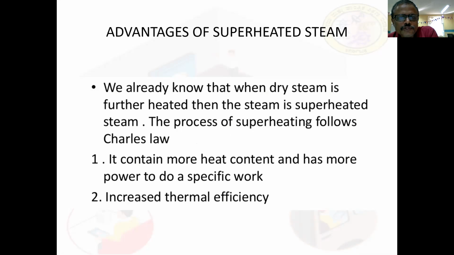The process of superheating follows Charles law because the pressure is kept constant. Charles law states that when pressure is kept constant, as temperature increases, volume also increases. If you increase the temperature, volume will increase. That is Charles law.